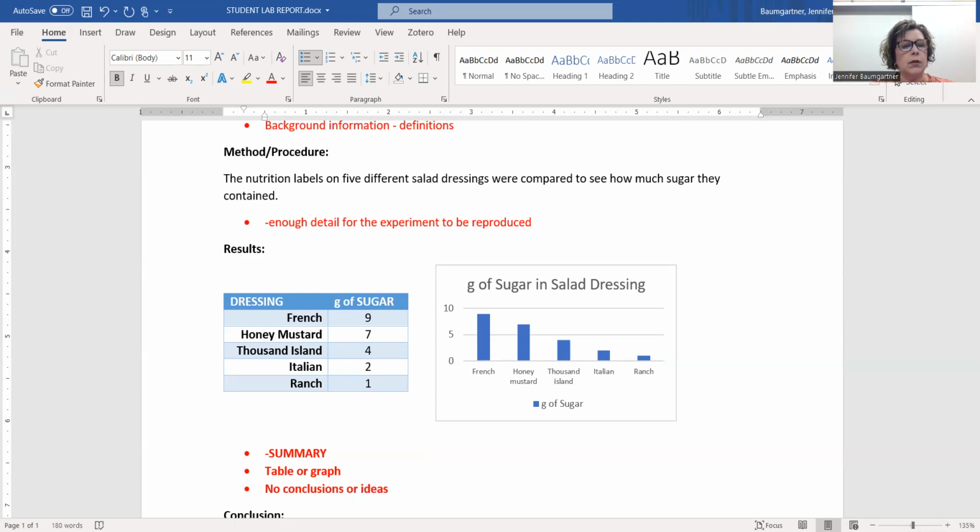None of that goes in the results. So oftentimes the results section will only be tables and graphs. And when I have my upper level students look at actual scientific papers, I ask them to tell me in the results section, how many tables and graphs did the author use and what type were they? That's really what we're after here.